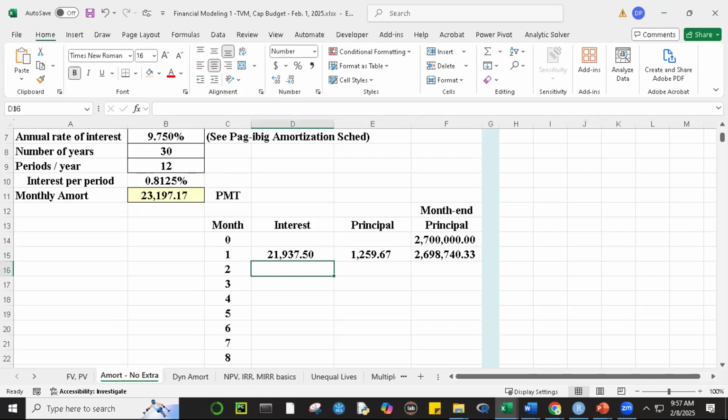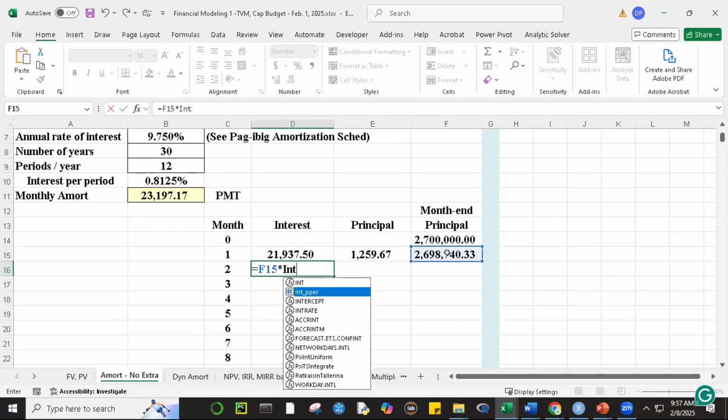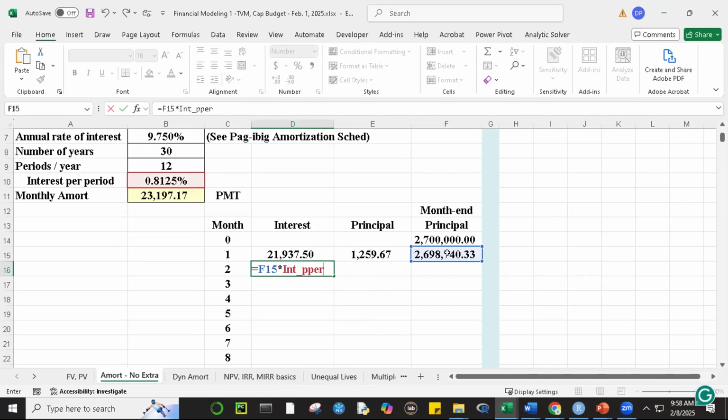So for month 2, what will be the interest? The interest will be equal to the previous month-end balance multiplied by, once again, the interest per period. 21,927. Still a big chunk.